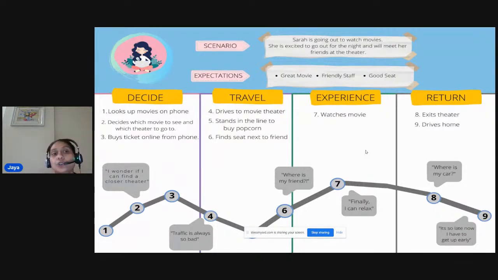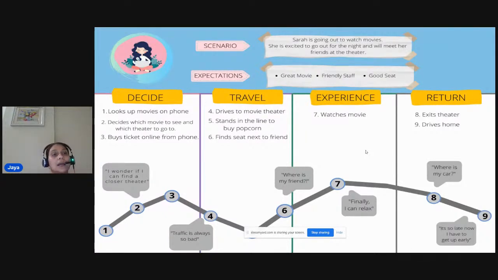She chose a place near her house because she is going for a late night movie, and for that, the return should be easy: when she exits the hall, her car should be at the exit, and she can drive home safely.